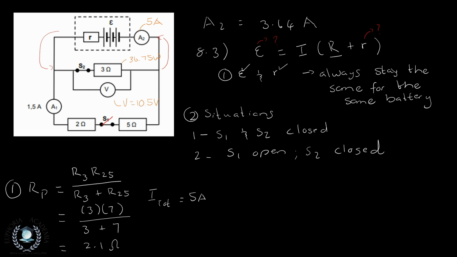So now for our equation, we have epsilon is equal to I times R. Let me do the substitution already. Our epsilon is equal to our I of 5, and then our resistance for the whole circuit is 2.1 plus our r. That is what we're going to call our equation 1.